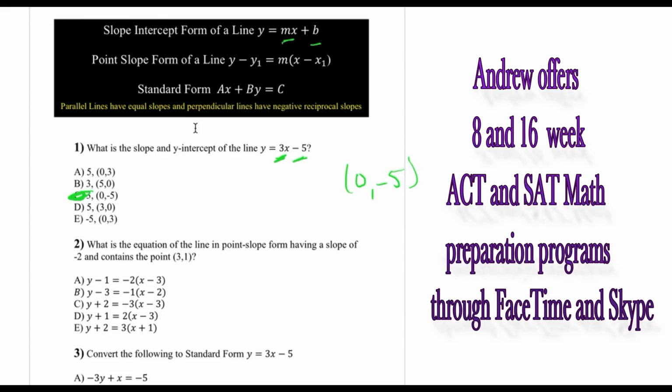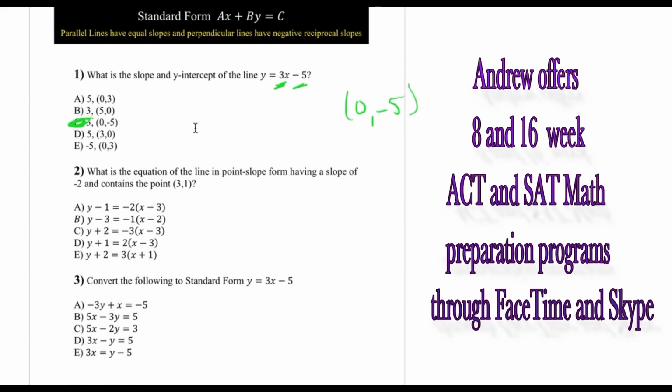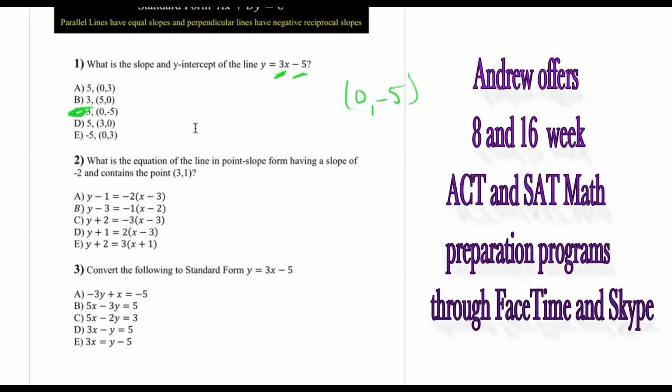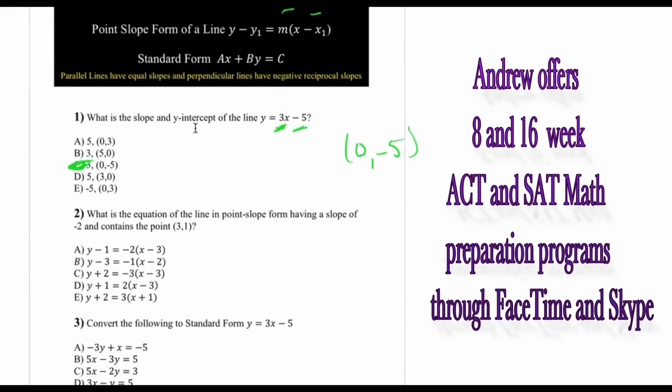Number 2. What is the equation of the line in point-slope form having a slope of negative 2 and containing the point (3, 1)? Well, the point-slope form is the second form here. That's the one that almost all students forget. Let's just draw that out. It's going to be, let's use this point.